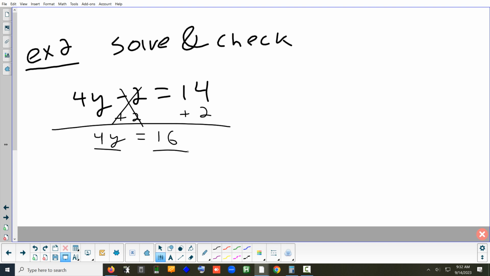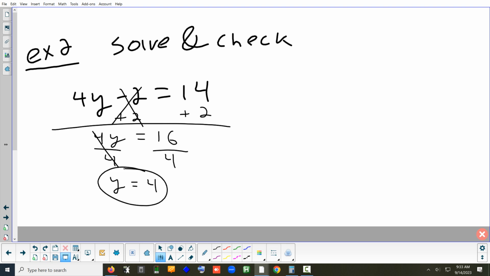And what are we going to divide each side by? 4. So divide by 4, divided by 4. 4 divided by 4 cancels because that comes out to 1, not 0. So we just have 1y. And 16 divided by 4? Yep. 4.